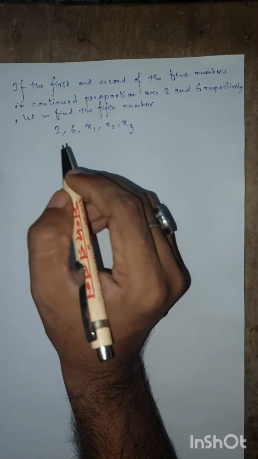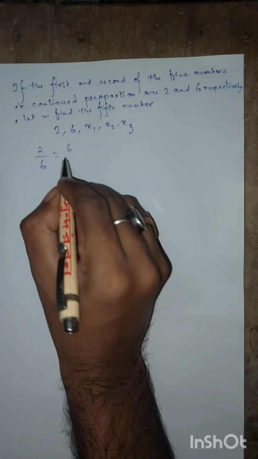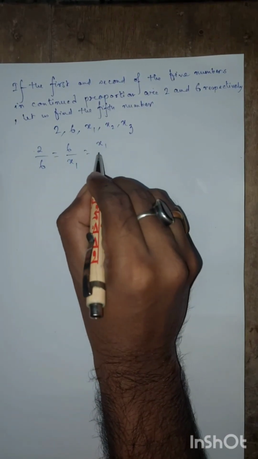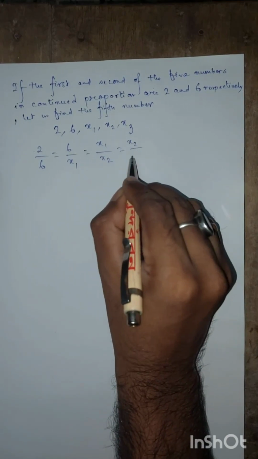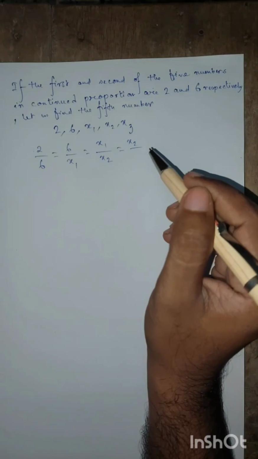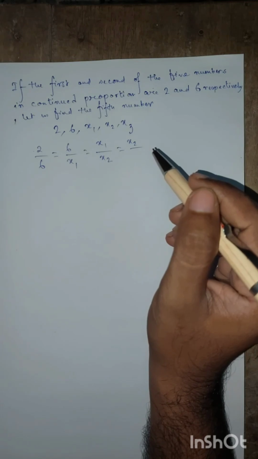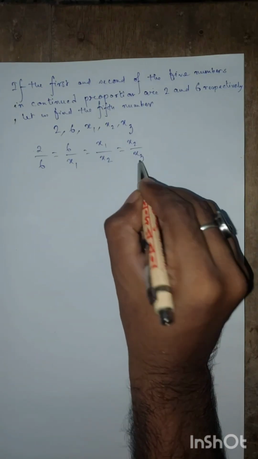That means 2 by 6 is equal to 6 by x1, x1 by x2 is equal to x2 by x3.